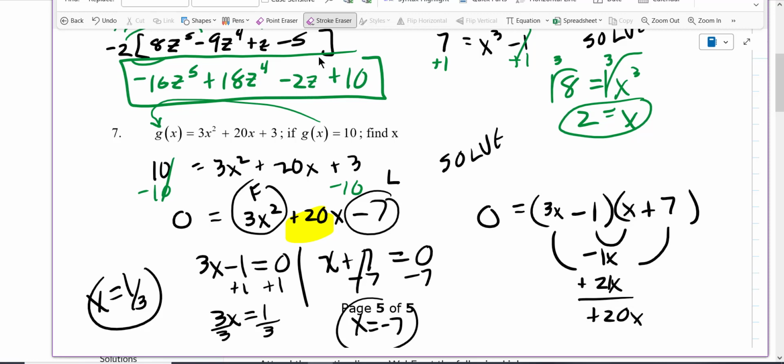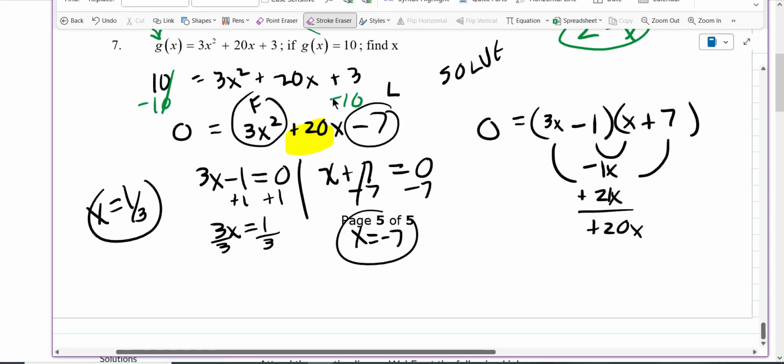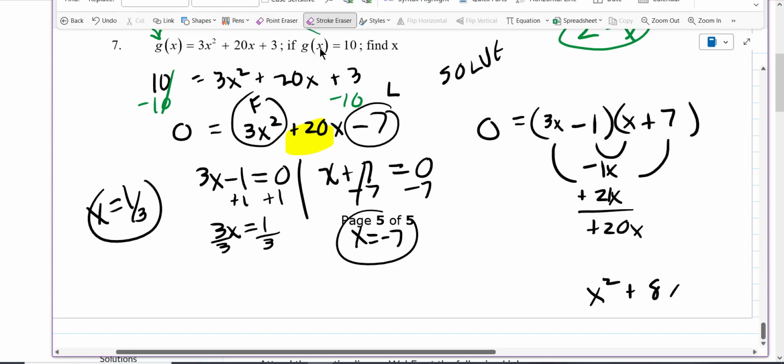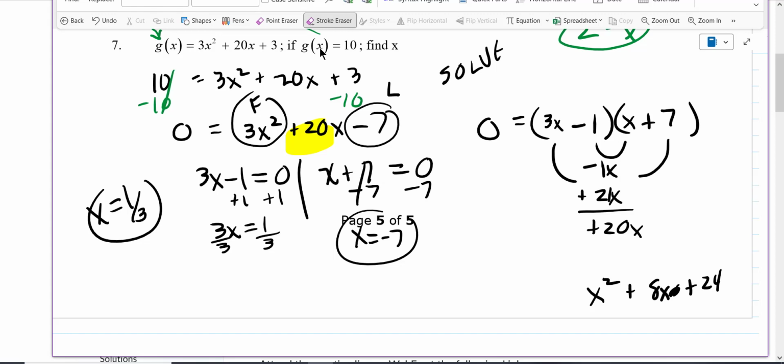It does. And what happens is if you had something like x squared plus, let's say 20x plus, it's hard to make these up sometimes, but let me show you something. If you had something like this, when you have nothing in front of x, it's easier. You can do this in your head.